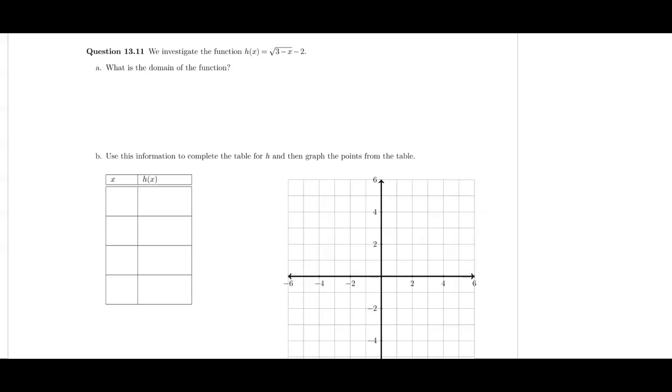This is real numbers that we're plotting on our graph. So remember that inside the square root must be positive numbers. Let's just say it that way.